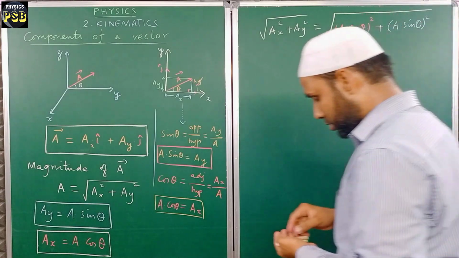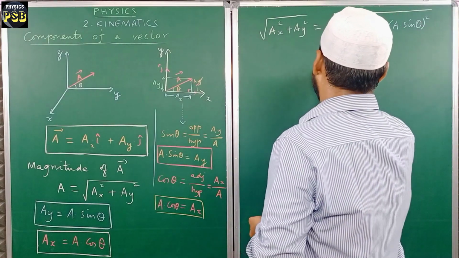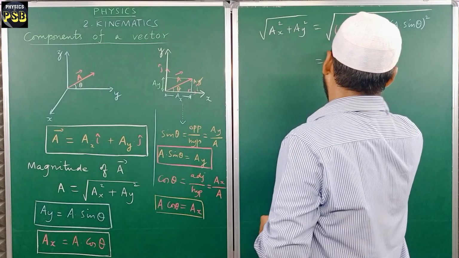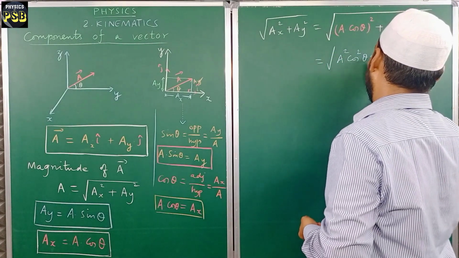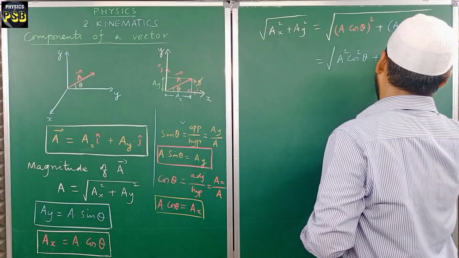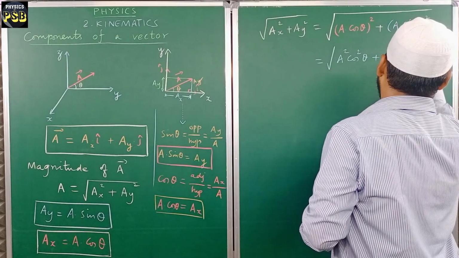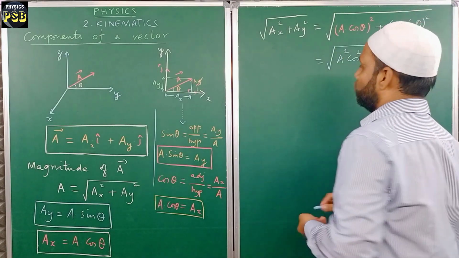Then I expand this: A square cos square theta plus A square sin square theta. This is what I obtained.